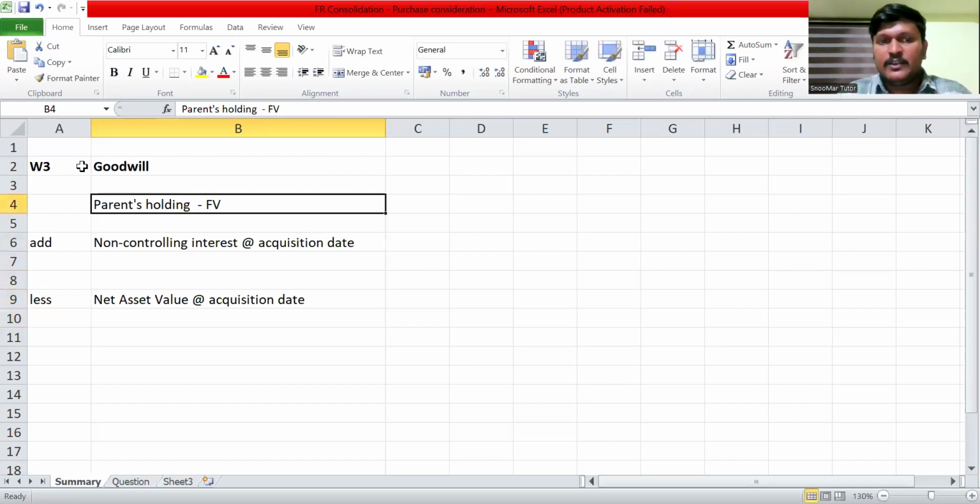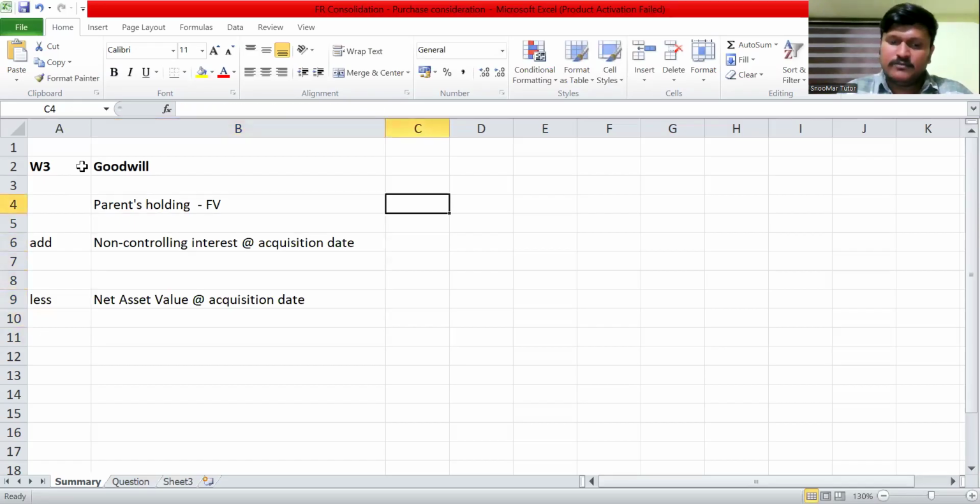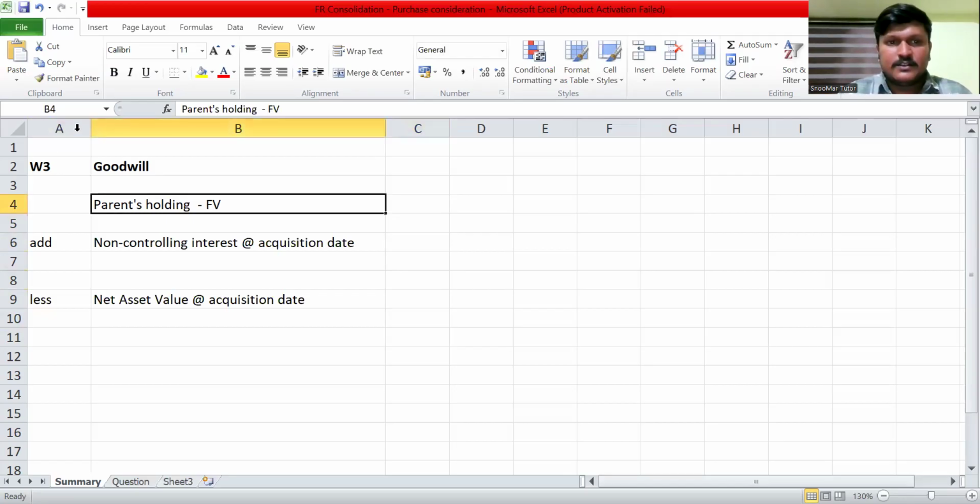Assuming you have the parent's holding at fair value, or what you have paid out as the purchase consideration, you can consider the fair value of the purchase consideration as well.